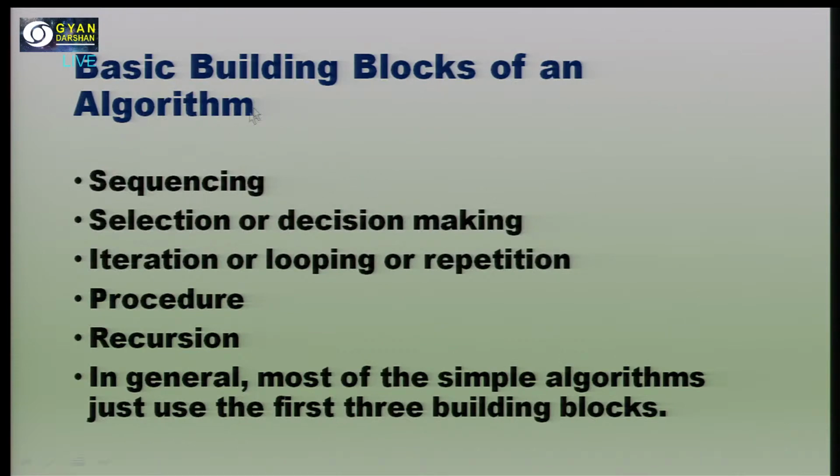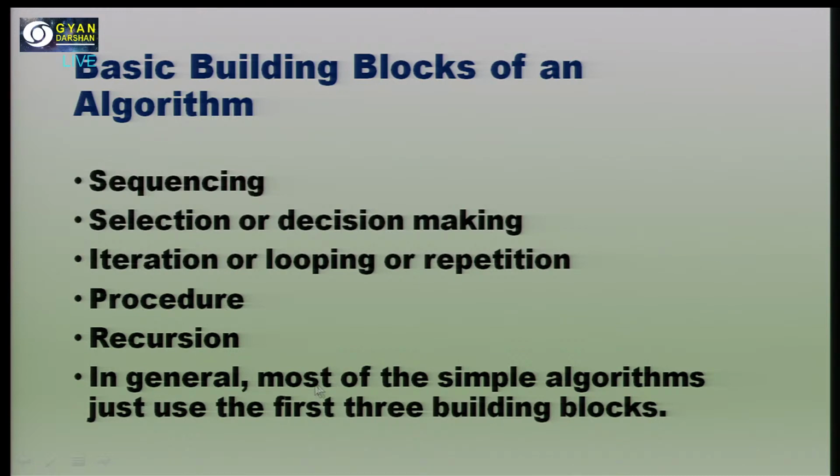First, it is sequencing. The second, selection or decision making. Third one is iteration or looping. That's what we discussed right now. Fourth one, which is not discussed in this example, but we will be discussing, is procedure and recursion. Thereafter, we will be discussing recursion.